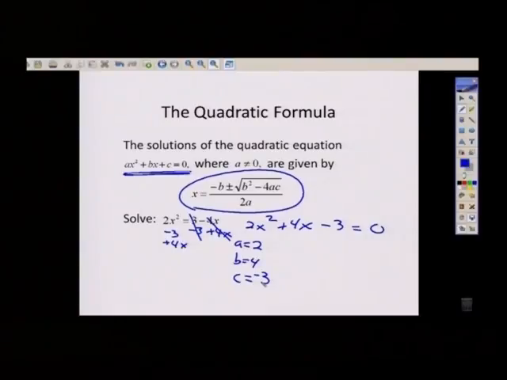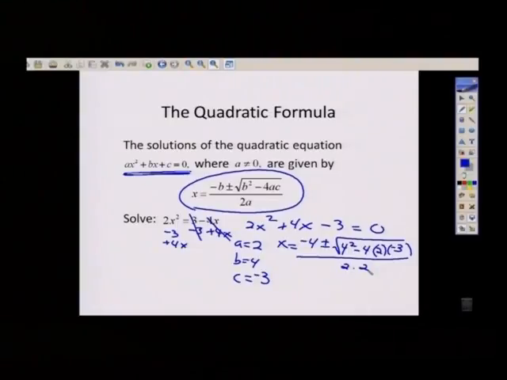So in this expression now, the 2x squared plus 4x minus 3, if we look at ax squared plus bx plus c, the a is equal to 2, the b is equal to 4, and the c is equal to -3. So if we put those values into the quadratic formula, it tells me that x is equal to the opposite of the b value, so -4, plus or minus the square root of the b value squared, so 4 squared minus 4 times the a value times c, which is -3, divided by 2 times the a value, which in this problem is 2.